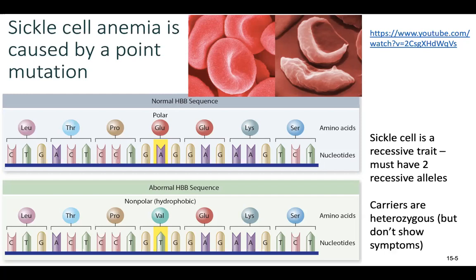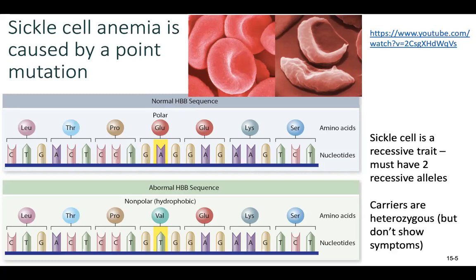Red blood cells are carrying oxygen around. In the sickle shape, they don't carry oxygen as effectively, and they also can clog arteries and veins. They don't move through capillaries or blood vessels quite as well, which causes anemia. So that's basically why we get the term sickle cell anemia.